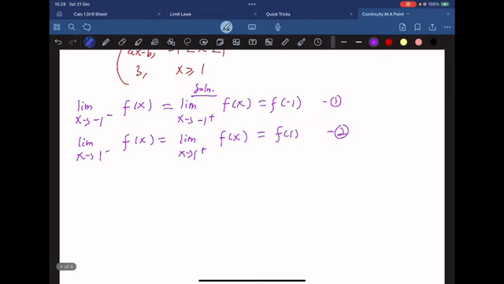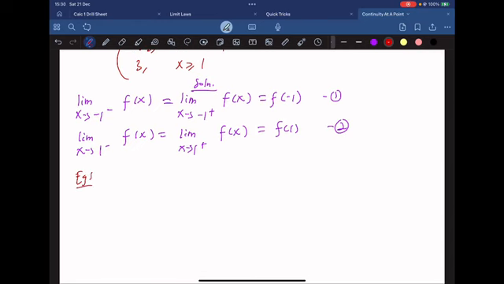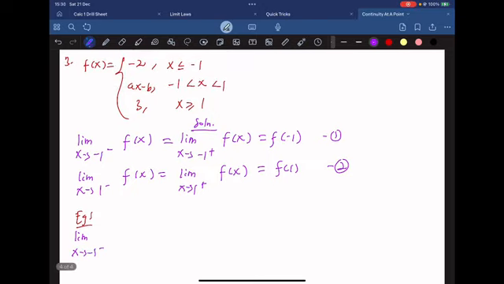So now let's talk about equation 1. We have limit as x approaches negative 1 from the left. From the left, meaning it's less than, right? So we have just minus 2 here. This should be equal to limit as x approaches negative 1 from the right. Now, from the right, what does it mean? We have the number line.